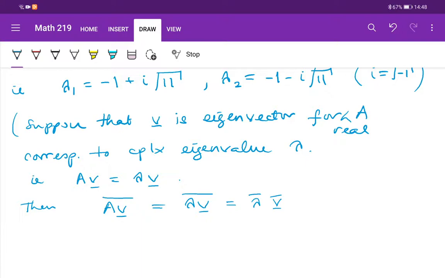And when you take the conjugate of A v, this is A conjugate, but A is real, so it's itself, times v conjugate. So what do we have? We have A v bar is equal to lambda bar v bar.